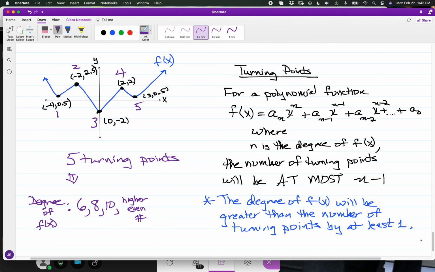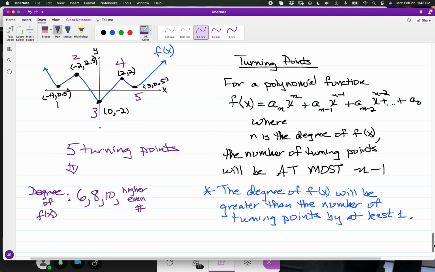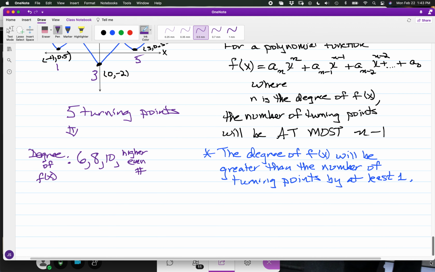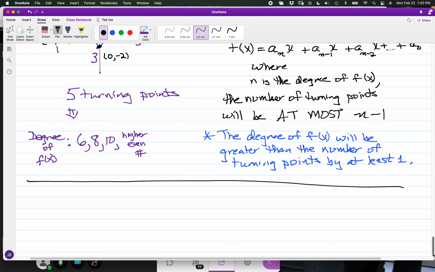And where turning points correspond to the degree of the function, I'll throw in some other cases and do a quick sketch.